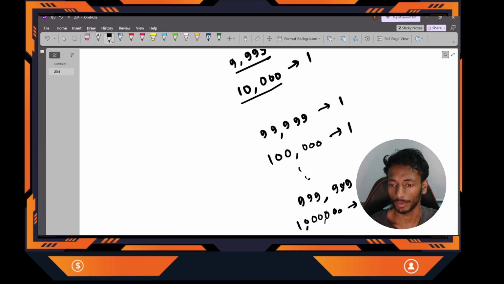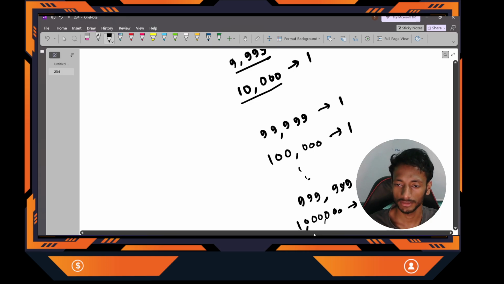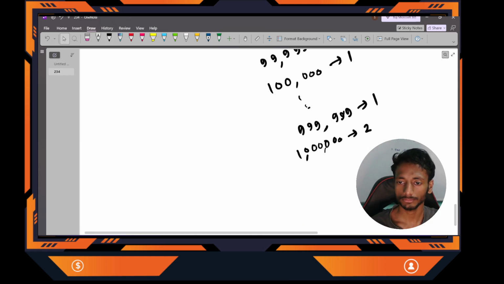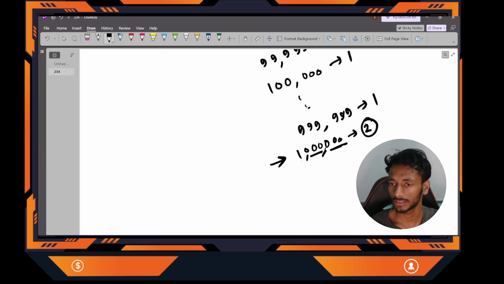we have 2 commas. Just observe the thing. Here we have 3 digits, here we have 3 digits, I will place 2 commas. After each 3 digits I can place 1 comma. So this is the first number where I will start getting 2 commas, I can place 2 commas, correct? Clear?